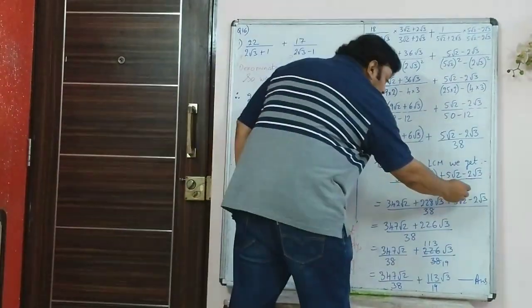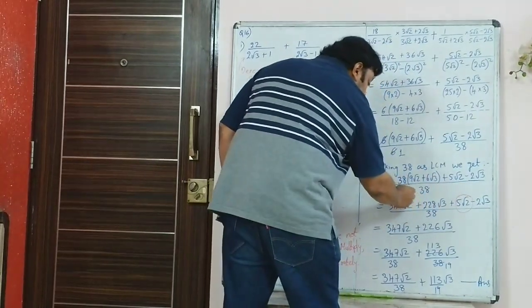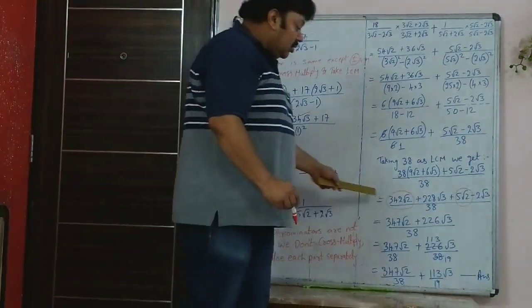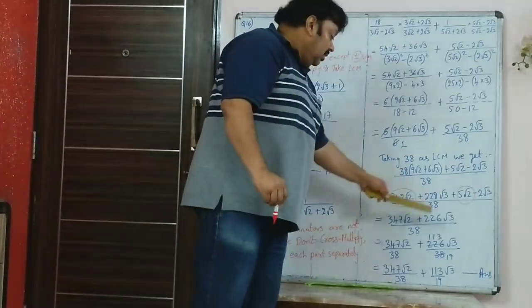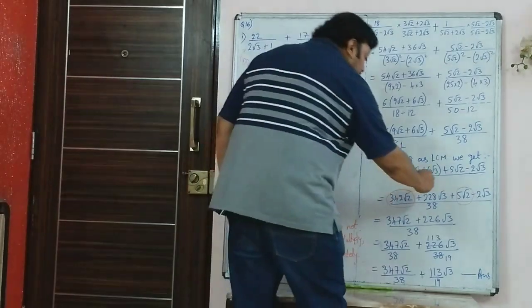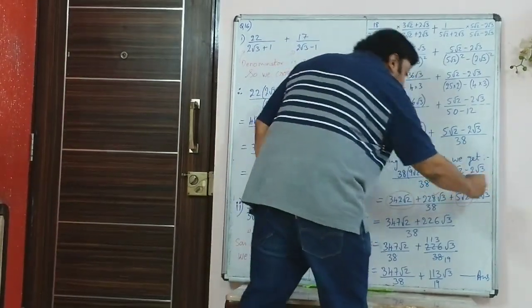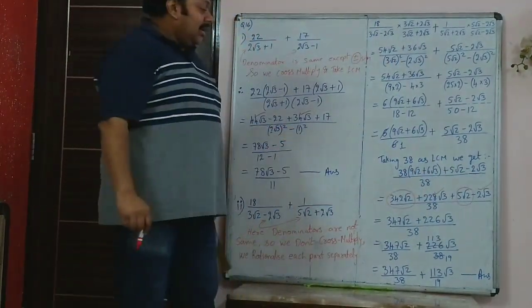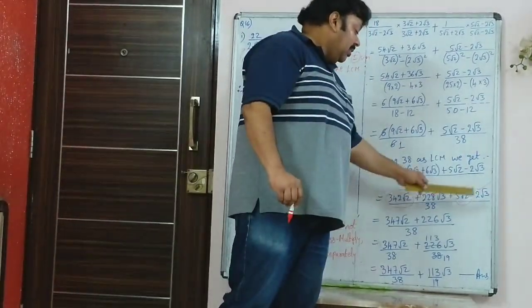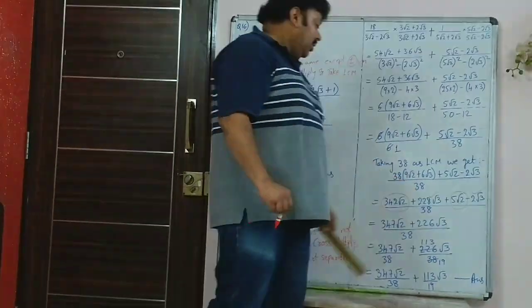Now here this is a 5 root 2 term, this is 342 root 2, so those two terms I have to add, it becomes 347 root 2. And these two terms are root 3 terms, so I pair them and add, so in fact it is minus, so it becomes 228 minus 2, 226 root 3.